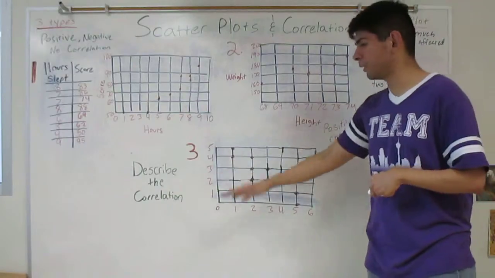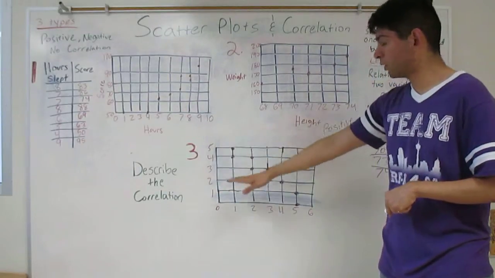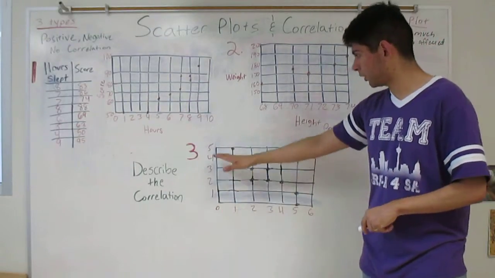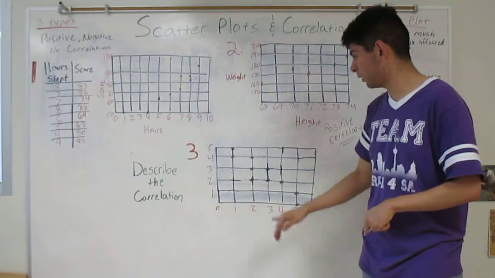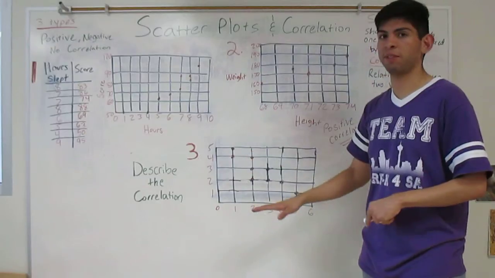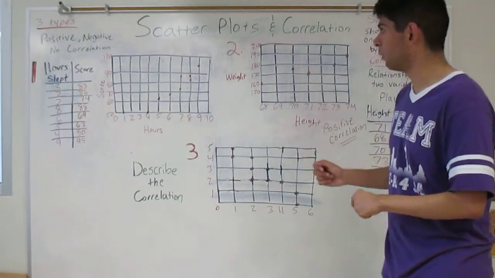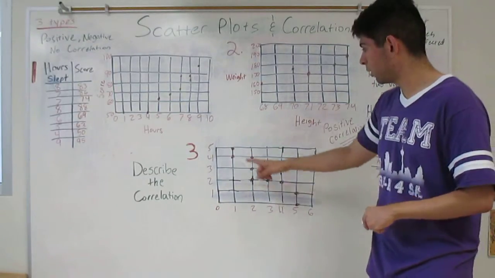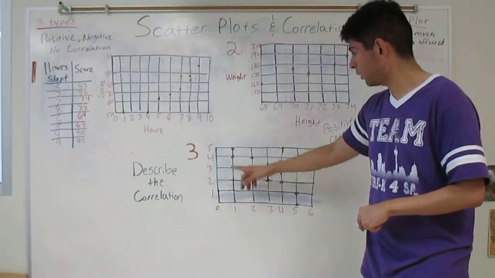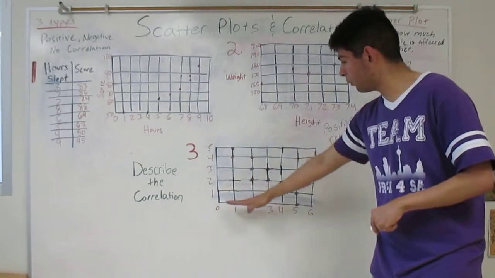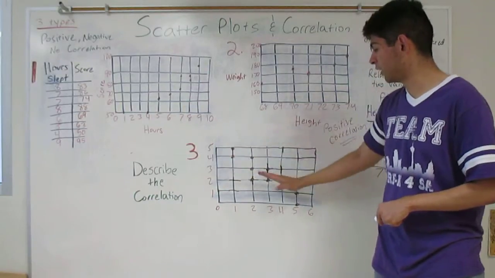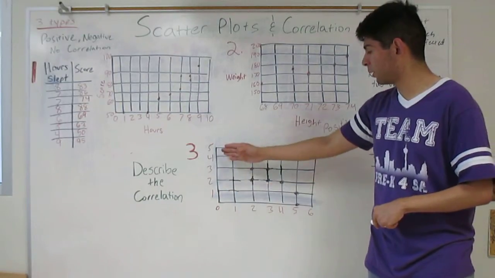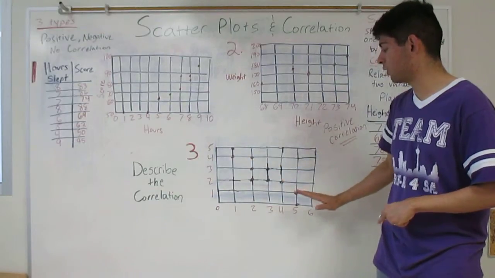Now, problem number 3. Again, there's no data table. It's just the points already plotted. The graph's already set. X and Y axes are labeled, and we're just going to describe the correlation. As you can see, as the x-axis is increasing, the y-axis is actually decreasing. The data points tend to go down.